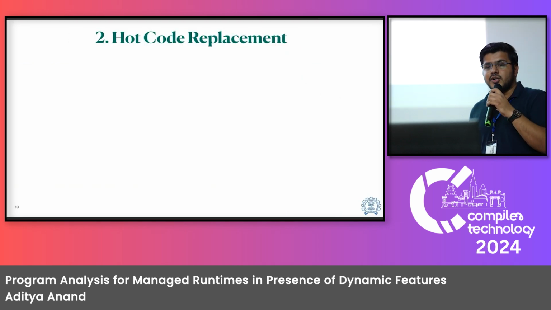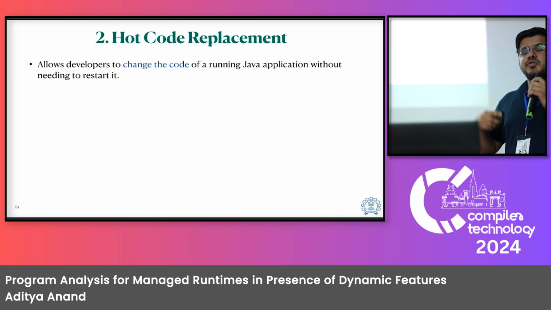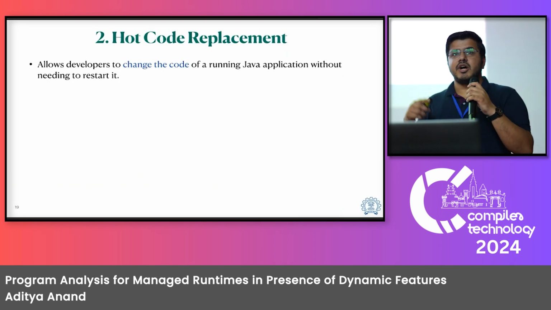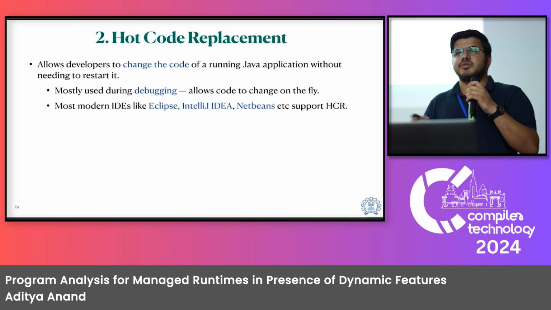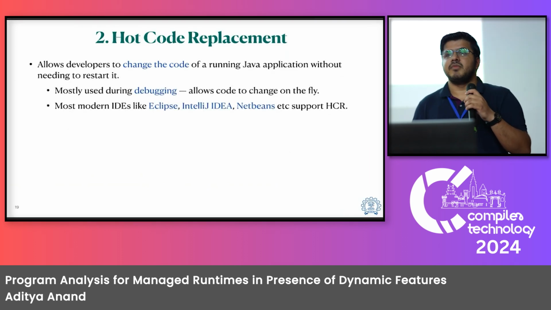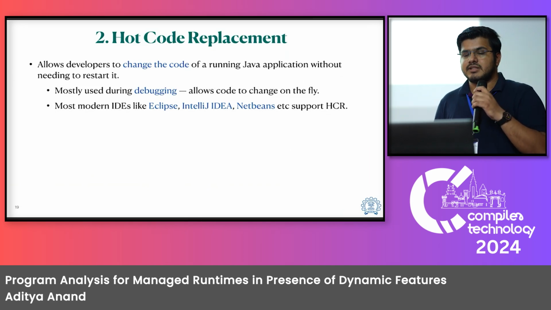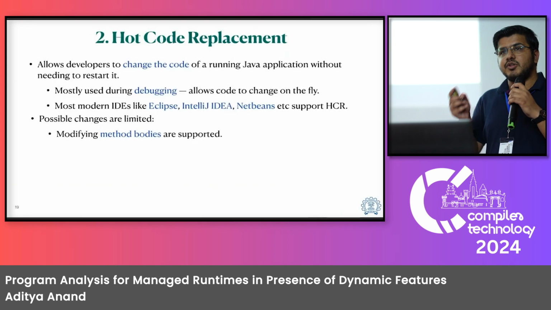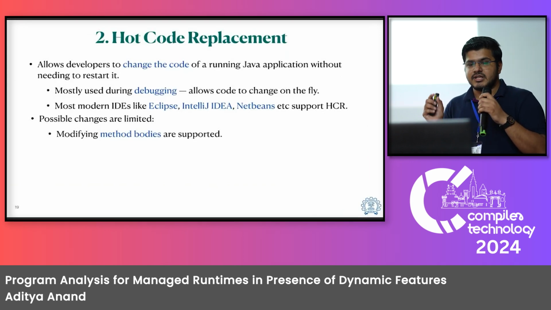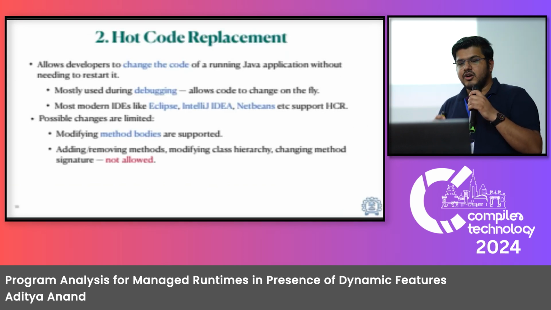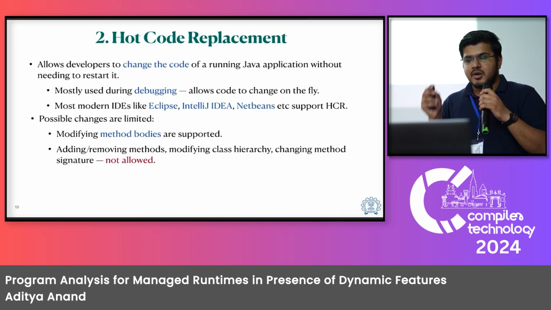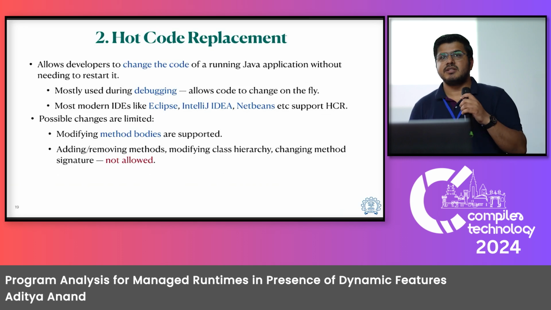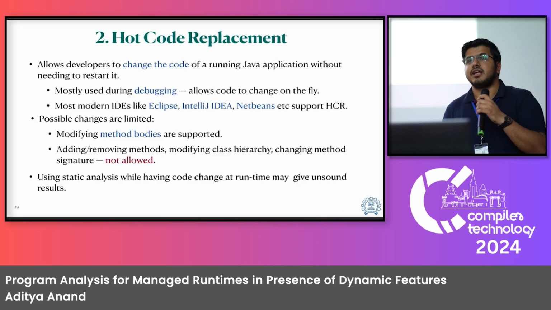Similarly, we have a feature like hot code replacement, which allows you to change your code at runtime without needing to restart your execution. It is mostly used during debugging, and most modern IDEs like Eclipse and IntelliJ provide this feature. The possible change during hot code replacement is just modifying the method body. You cannot add or remove methods, modify the class hierarchy, etc. But by just modifying method bodies, our static analysis can still get affected.